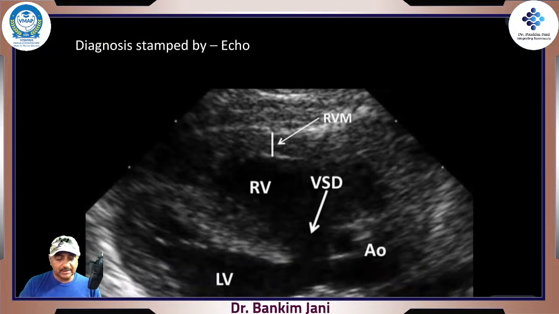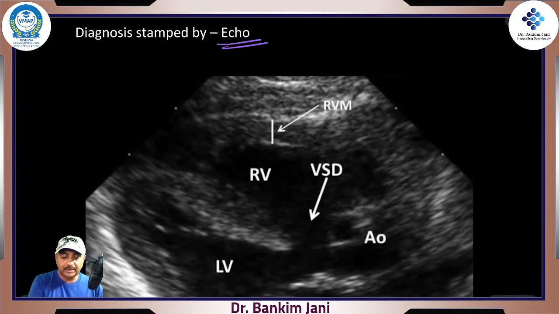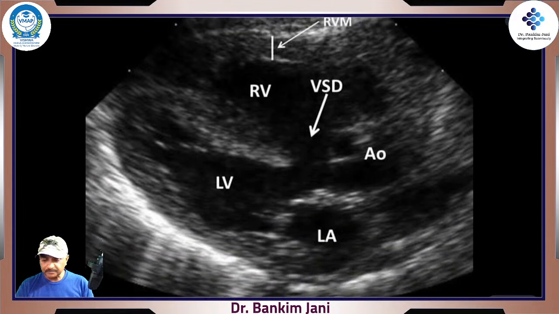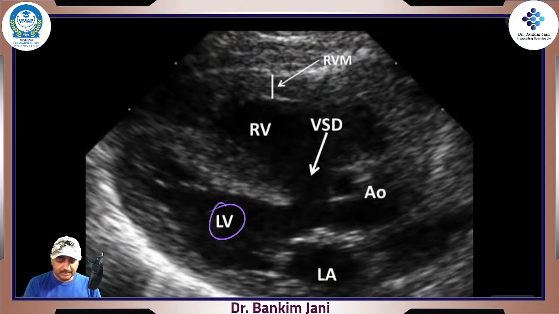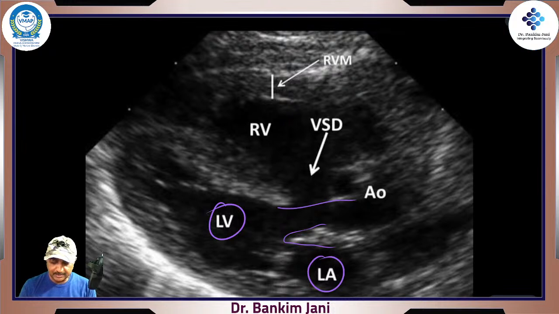For diagnosis, nothing like echo, right? Nothing like echo. And see, left ventricle, right ventricle, and instantly it is seen that here is the aorta, and here it is, which is left ventricle. There is a ventricular septal defect. This is right ventricle.